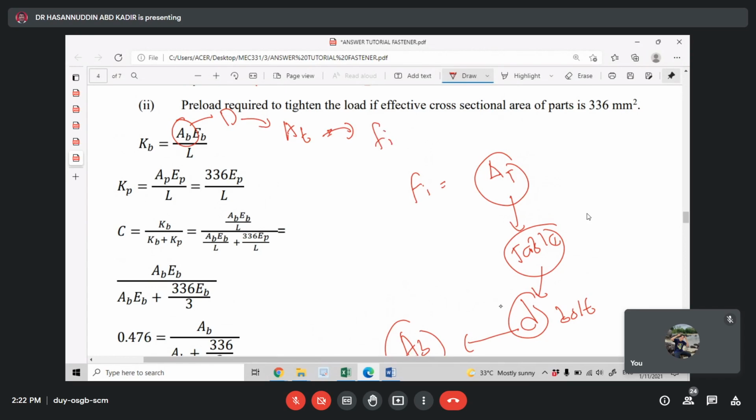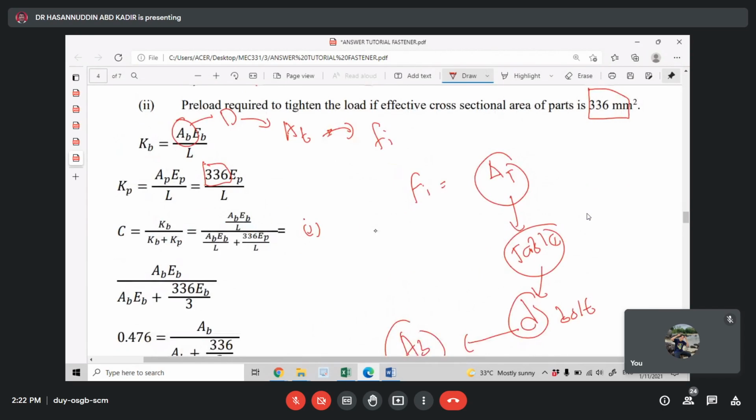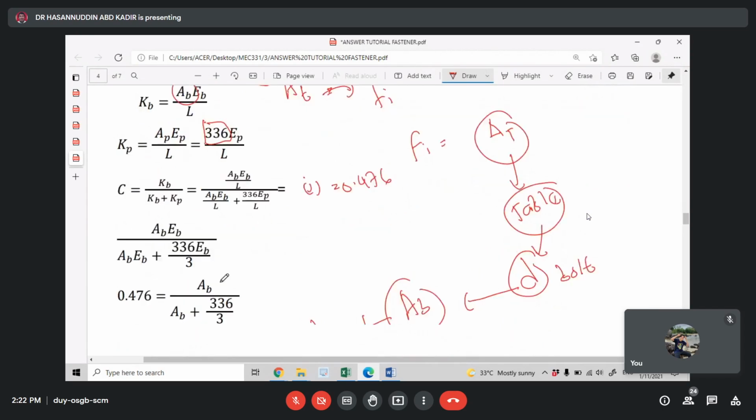Then put it back in as usual, as I told you earlier. AP they already give you as 336 here, area of part 336, then put it back in the value, equal to C from the answer to question number 1, 0.476. They also tell you here.